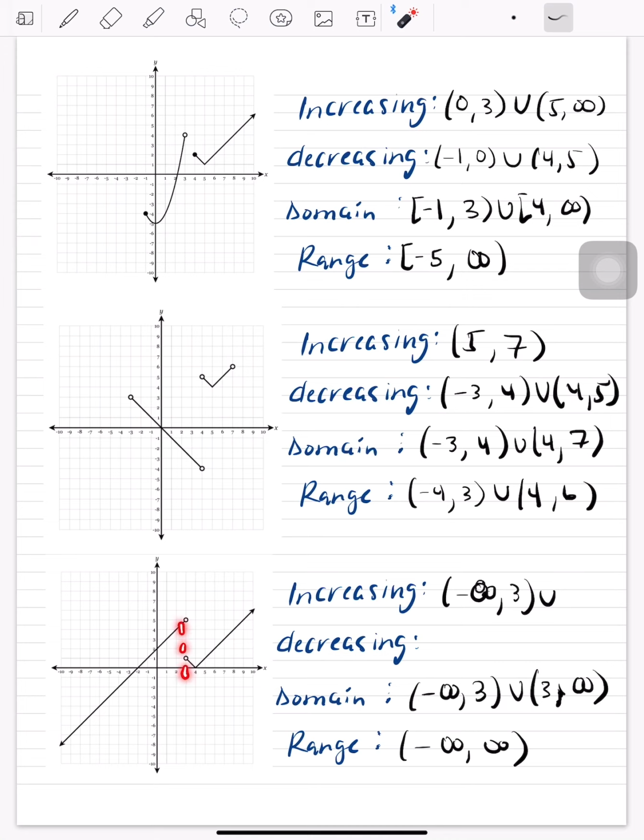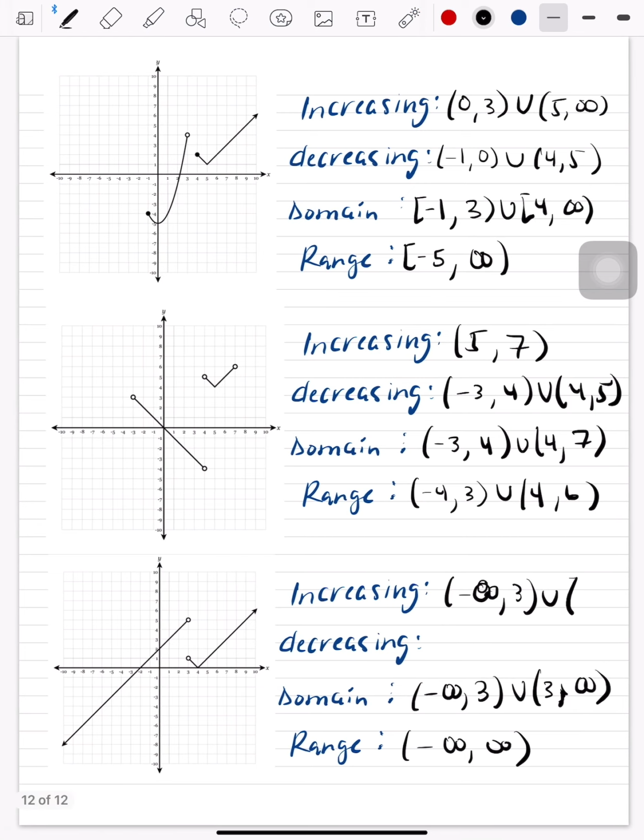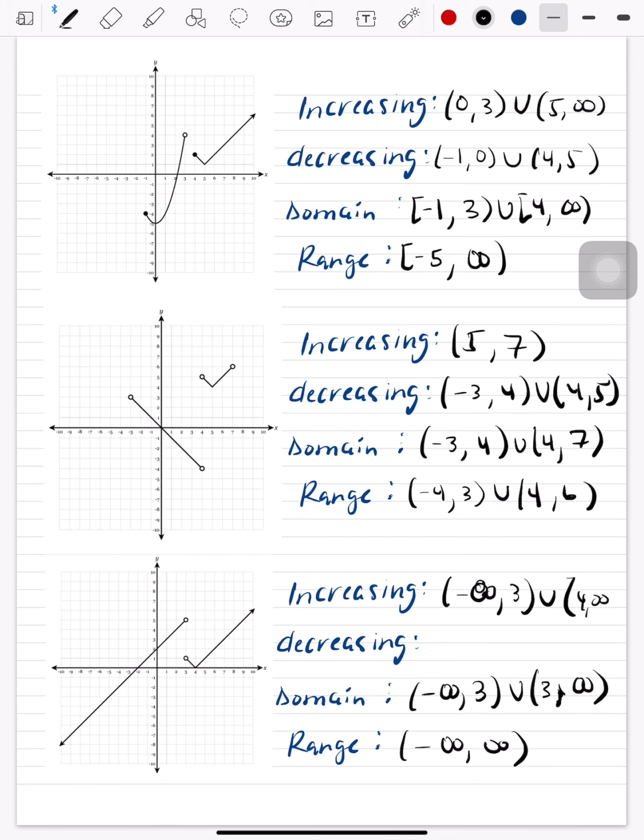Union, because here, we don't care about the endpoints. Okay, so we'll call it a break right there, but it starts increasing right here again. And it starts at the x value of 4, and it keeps going on forever. And so we go from 4 to infinity for increasing. And then it decreases this little bit between 3 and 4. So it decreases between 3 and 4.